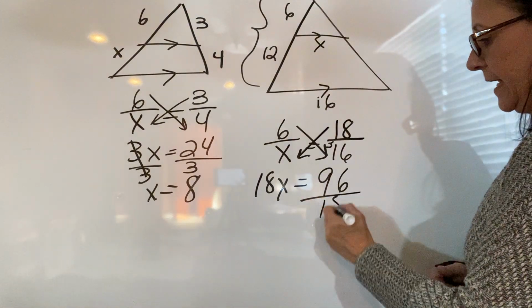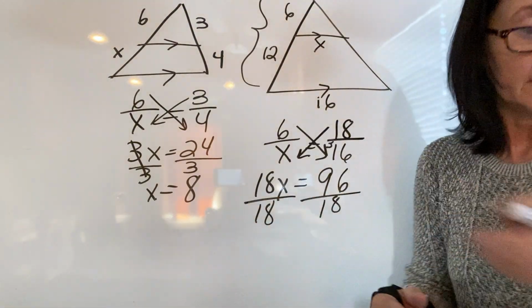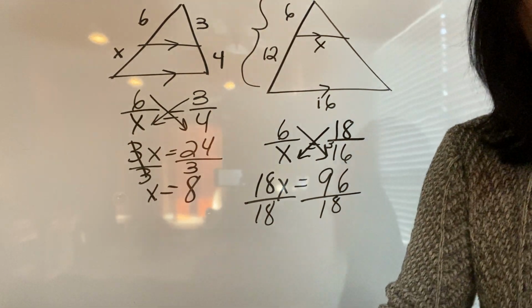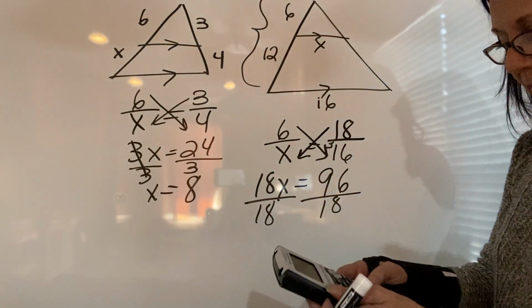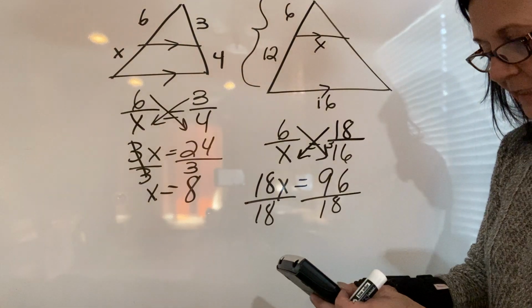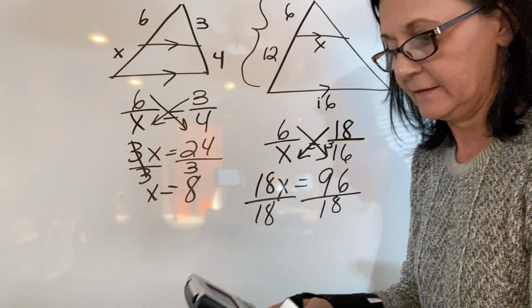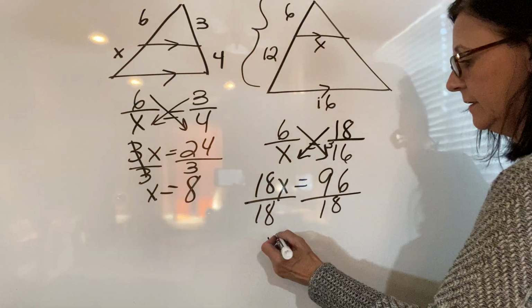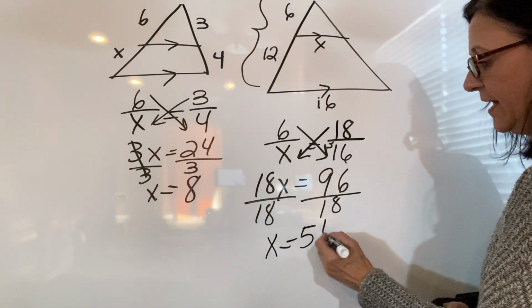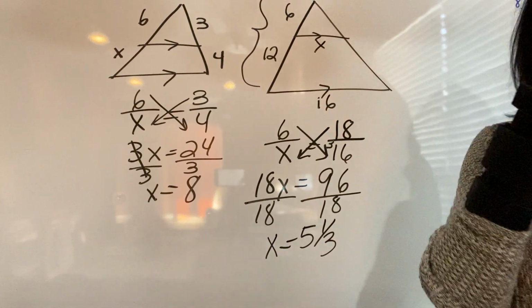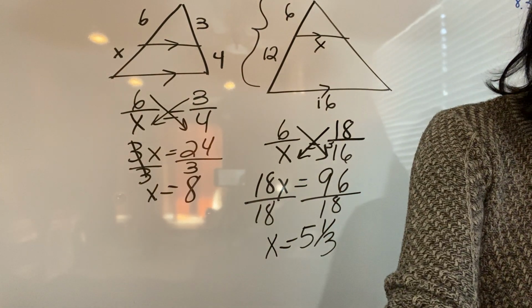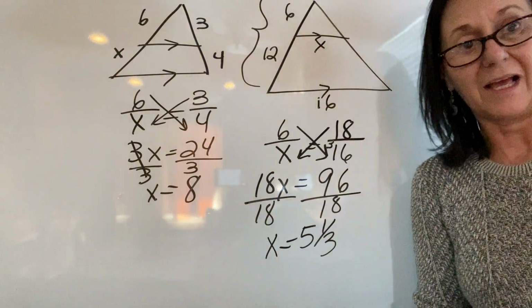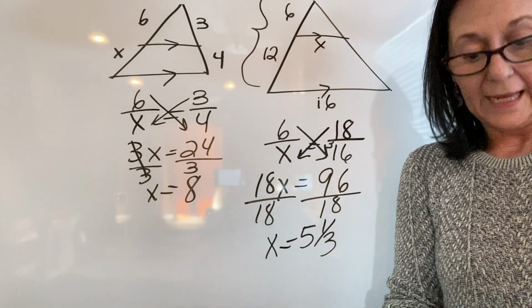I divide by 18. I never need a calculator in this class, but I'm going to do it here. 96 divided by 18 is 5 1/3. So x equals 5 1/3. It's actually 5.333, but it's 5 1/3. That's kind of an unusual answer.